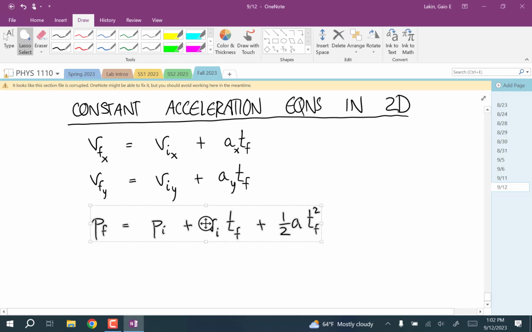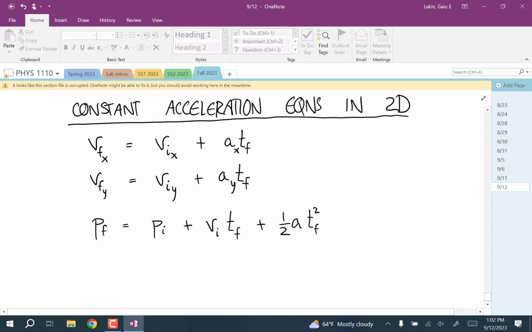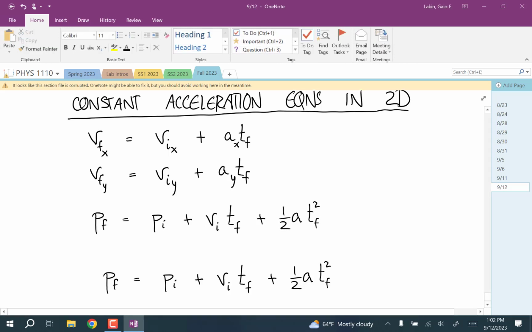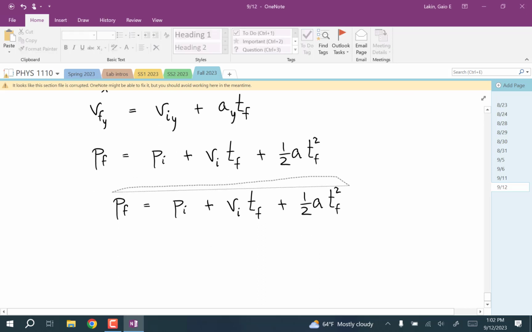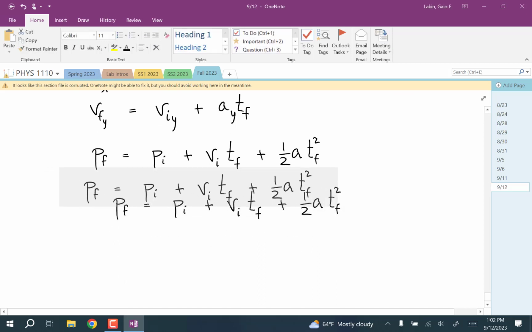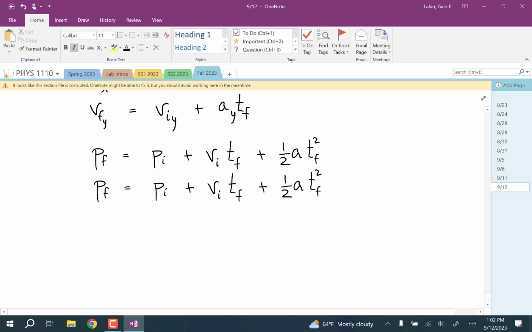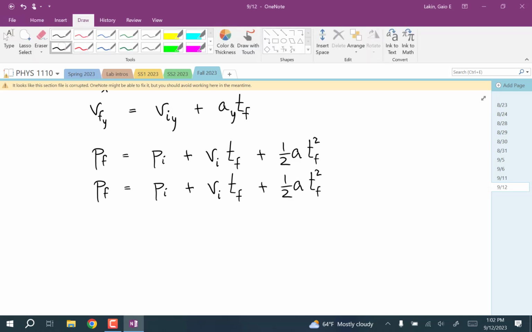I'm going to cheat. And so one of these is all x components, and one is all y components.